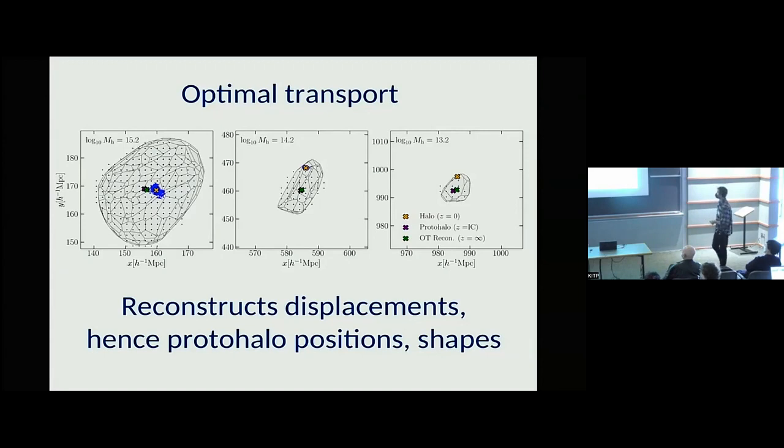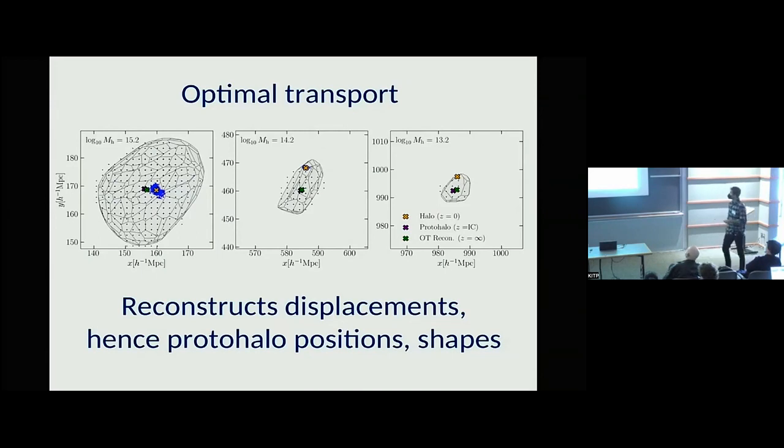In this one it's not so dramatic, but for this halo, it happens that the center is quite displaced. But the optimal transport algorithm has brought it back. So it is doing both: it's fixing the shapes and their motions.